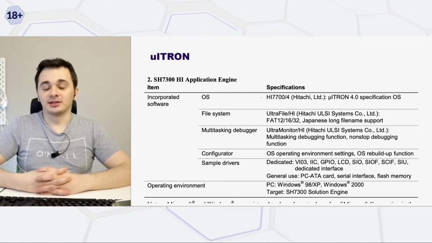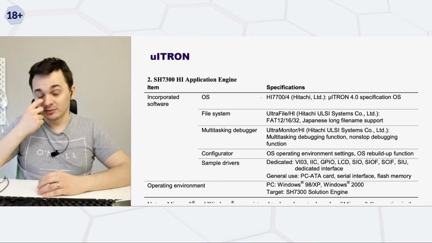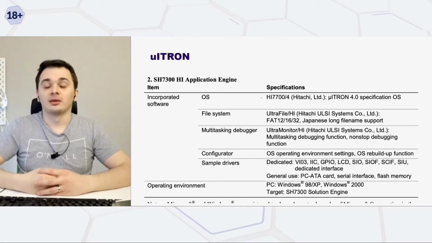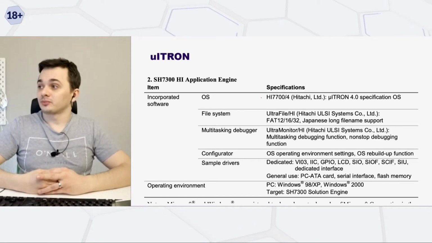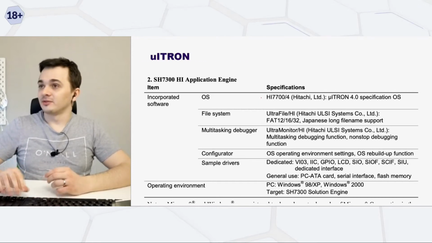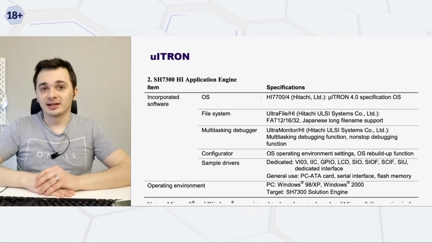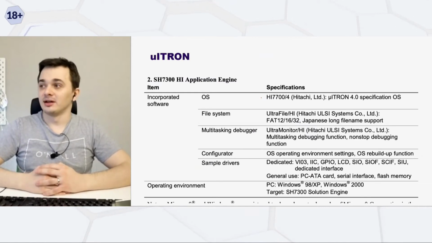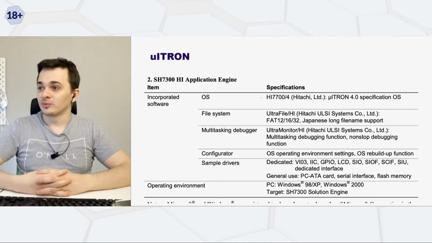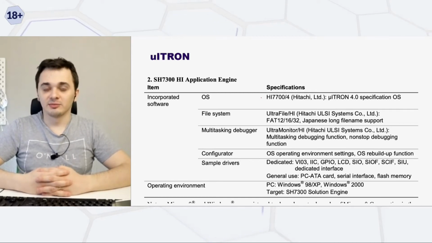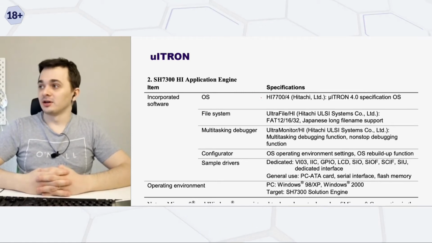But we don't have the file system firmware, right? This means that we're dealing with a slightly modified operating system here. This specification, called μITRON, if I'm not mistaken, was developed by one of the Japanese research institutes.